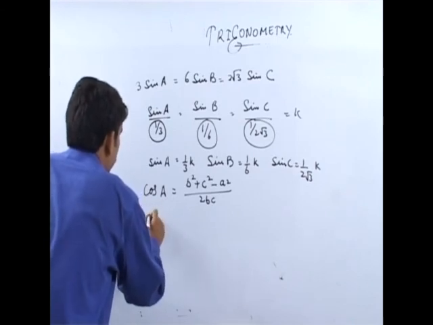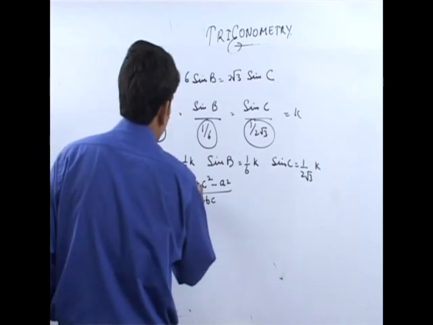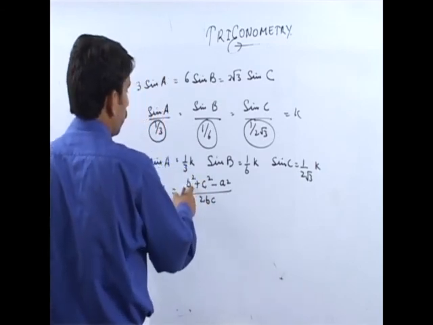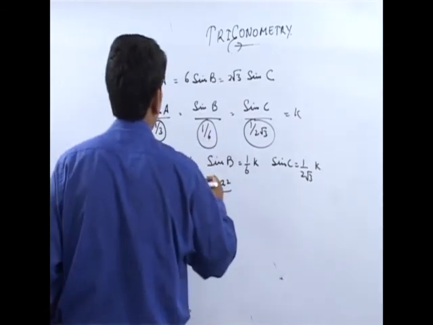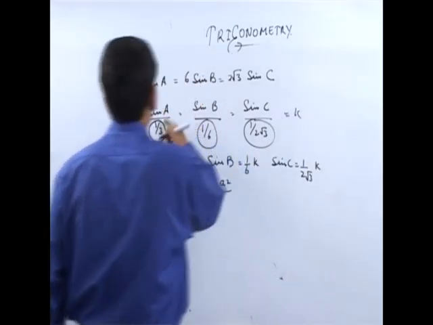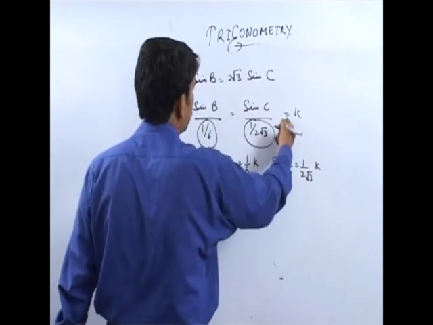Let us consider once more sin A over a is equal to sin B over b is equal to sin C over c is equal to k.